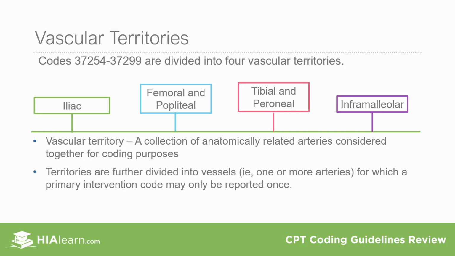Territories are further divided into vessels for which a primary intervention code may only be reported once. Note the reference to one or more arteries. This means that at times multiple arteries may be combined into what is considered a single vessel for the purpose of code selection. All four territories each have specific guidelines.